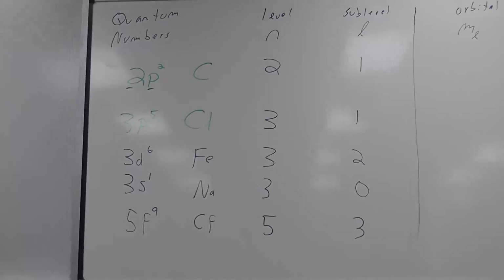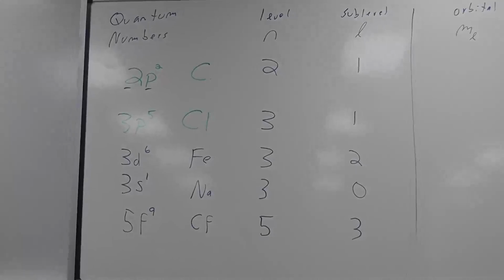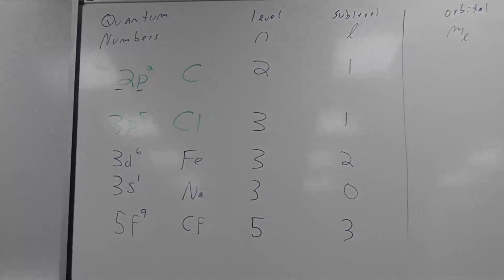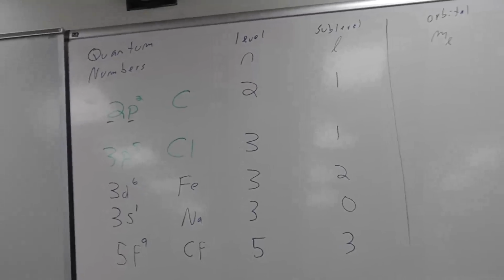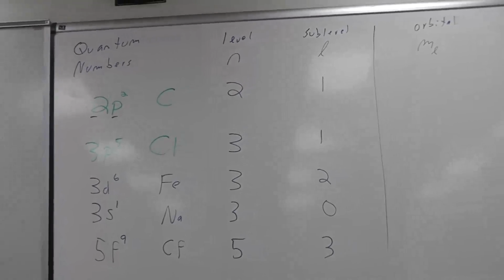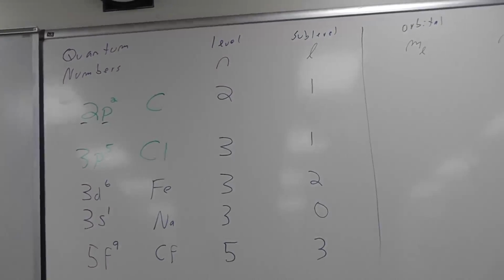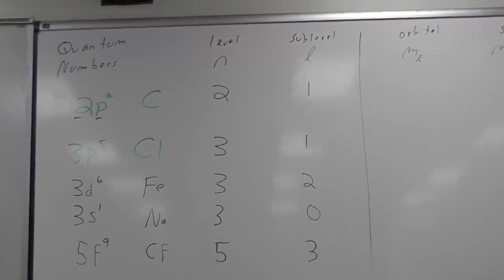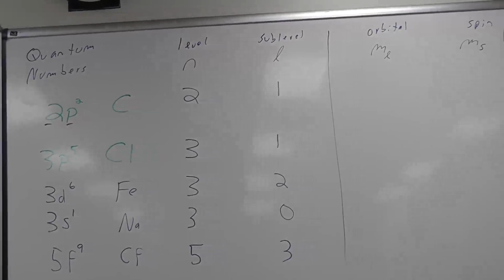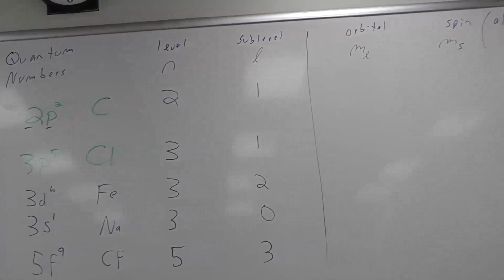Last two rows on the chart, it'll be working back the other way. But going down through californium, this is what you should be getting for iron, sodium, and californium. Is that what you got? If not, please ask.